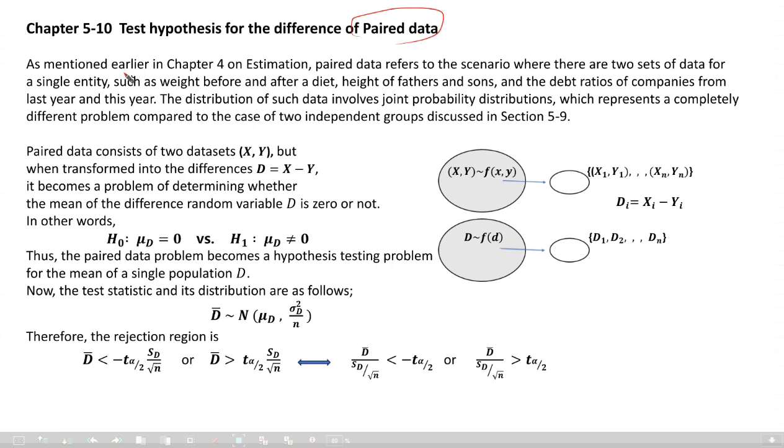As mentioned earlier in chapter 4 on estimation, paired data refers to the scenario where there are two sets of data for a single entity.